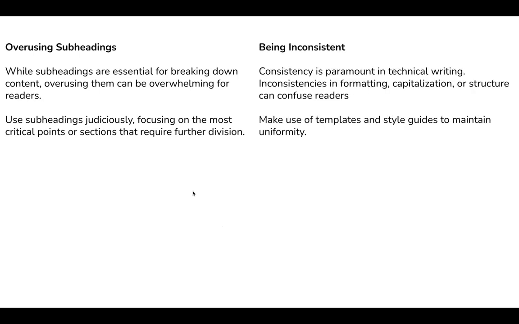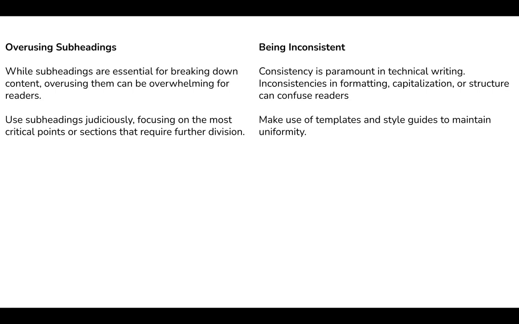Being inconsistent is another mistake that people make. Like we saw in the first class of previous week, consistency is paramount in technical writing, right? Inconsistencies in formatting, capitalization, structure, things like that can confuse the readers. So make use of templates and style guides to maintain uniformity.